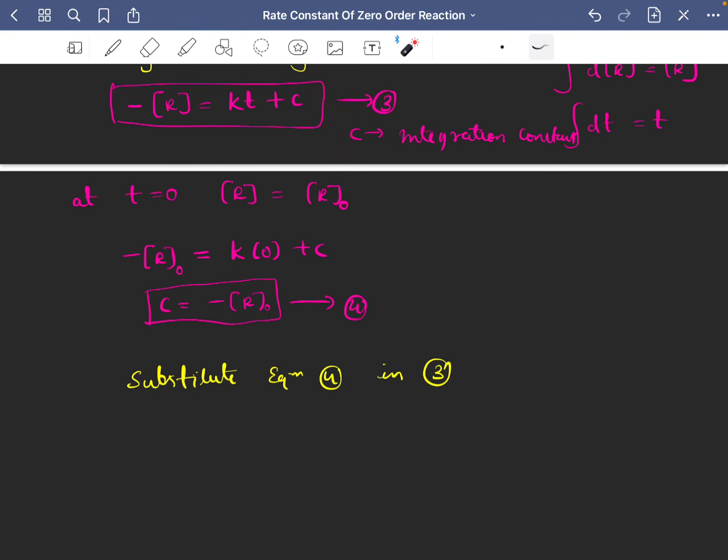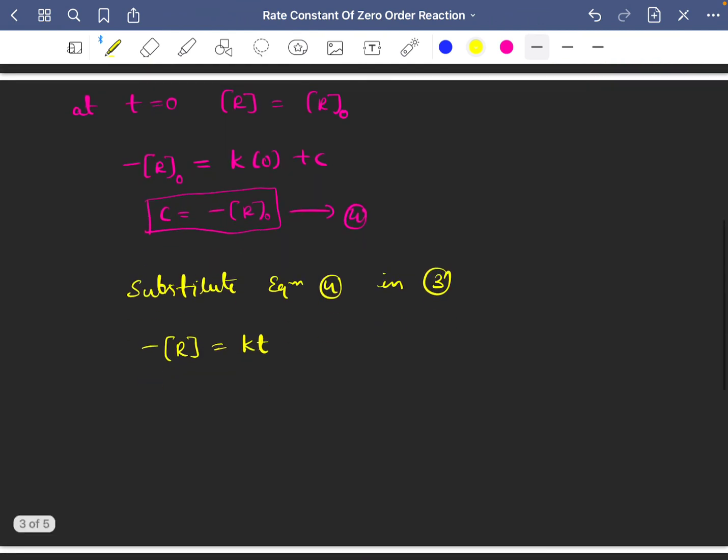What we'll get is minus R equals K into t, and in the place of C, substitute minus concentration of R naught. Now take this minus R naught towards the left hand side. So it will become concentration of R naught minus concentration of R equals Kt.